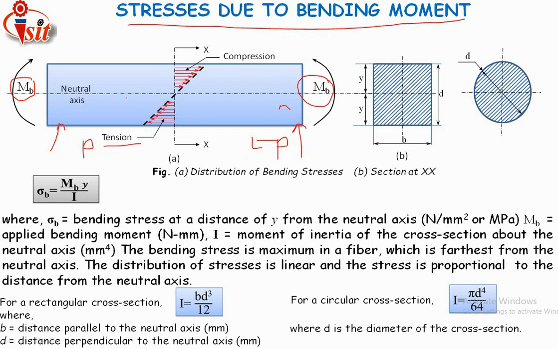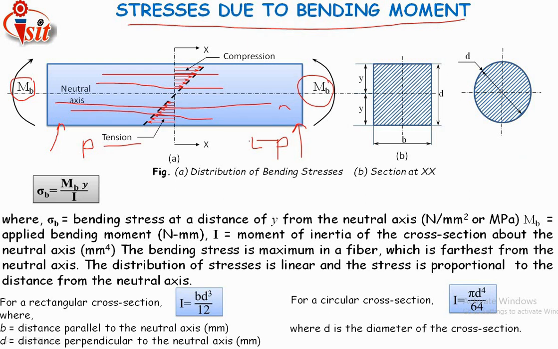These are the fibers of the shaft below the neutral axis, and these are the fibers above the neutral axis. The fibers below the neutral axis get stretched in the upward direction, meaning there is tension in those fibers, and the fibers above the neutral axis will be under compression. That is shown here. These fibers are under compression, these fibers under tension. This is known as the bending stress, and this is the distribution of stress.